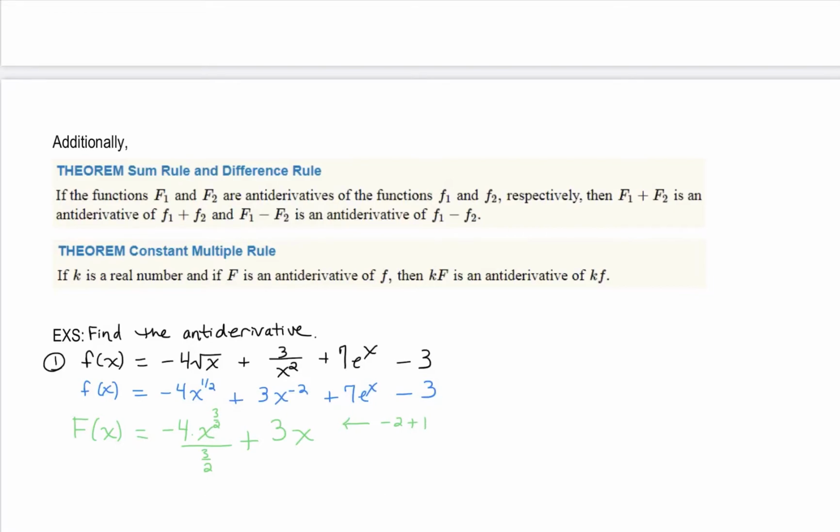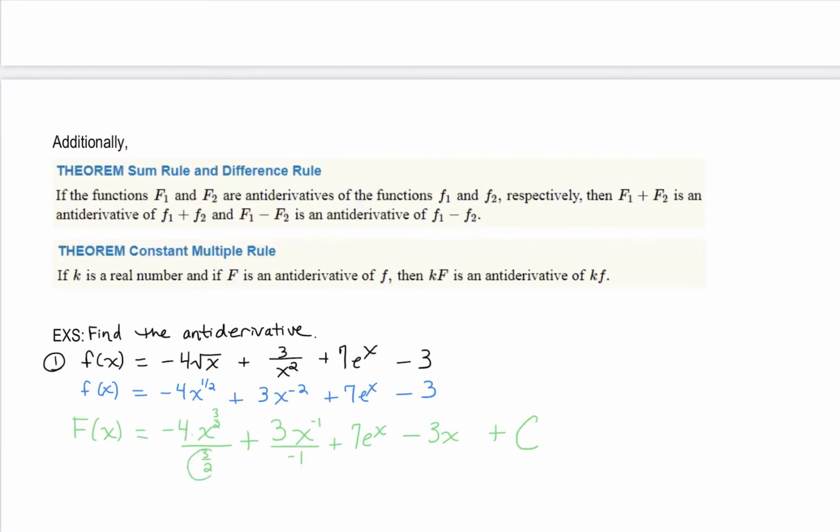So negative 2 plus 1 is to the negative first power, and then divided by that power. So it'll take a little while before this becomes natural. You've spent most of the semester doing the exact opposite, so it'll take a little bit. And then plus 7e to the x, and then the antiderivative of a constant is that constant times x, and then always plus an arbitrary constant c.